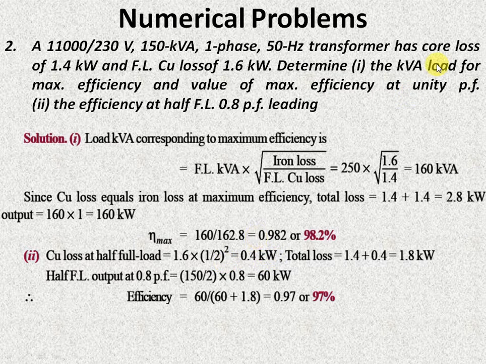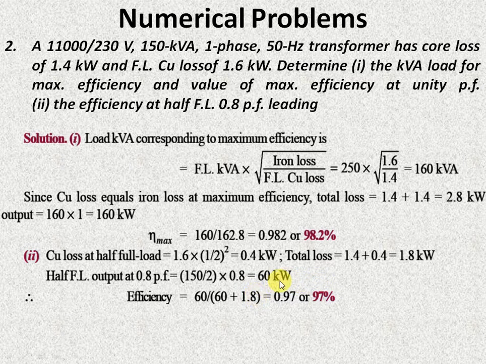As we mentioned before, the value of core loss at any load condition remains constant. So the value of core loss is 1.4 kilowatt and the value of copper loss at half full load is 0.4 kilowatt. Therefore, the total loss is 1.8 kilowatt. At half full load condition of 0.8 power factor leading, we will be able to obtain the value of V2I2 as 150 by 2, that is 75, and V2I2 cos phi 2 as 75 into 0.8, which we will be getting as 60 kilowatt.